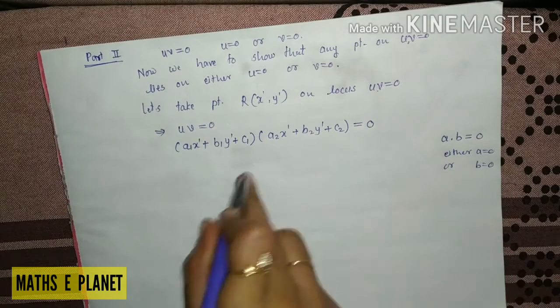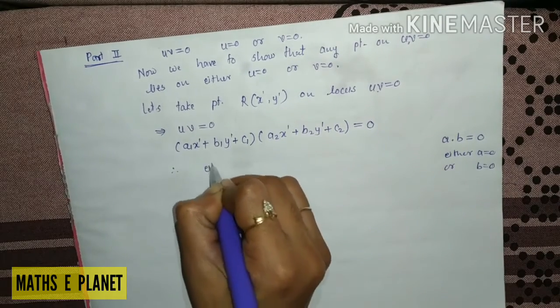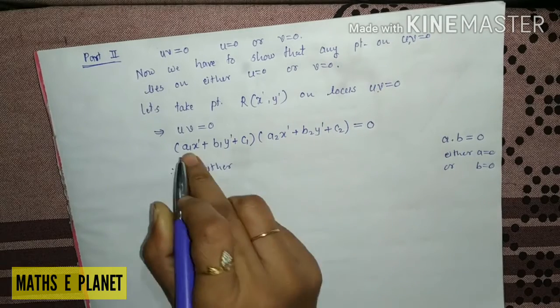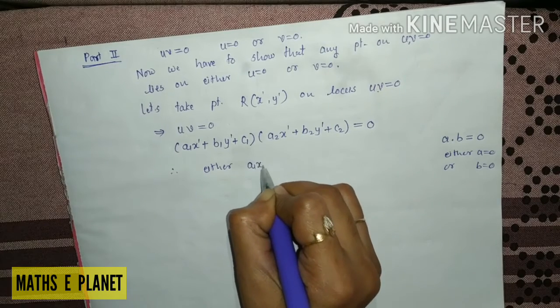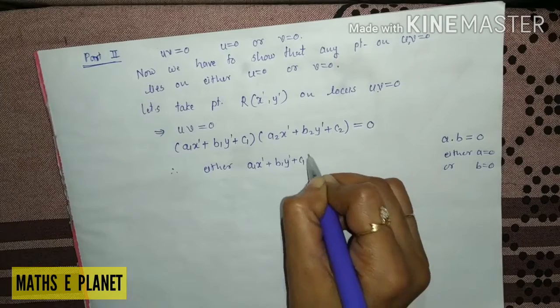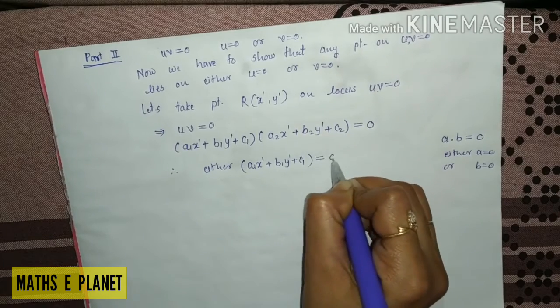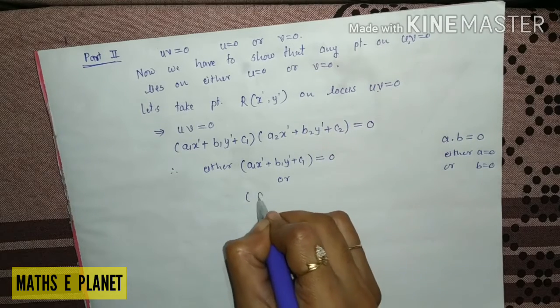So applying this case here, we can write that therefore either the first bracket is 0 or the second bracket is 0.